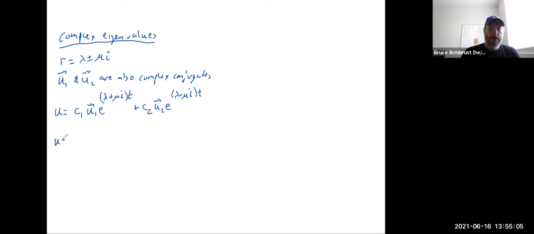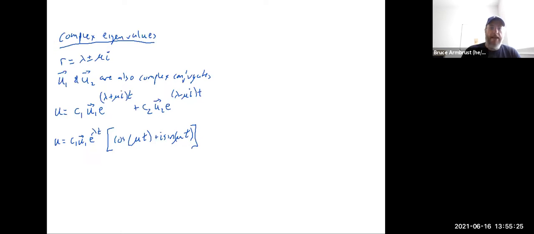So we're going to get u is equal to C1 times u1 times e to the lambda t times cosine of mu t plus i sine of mu t.